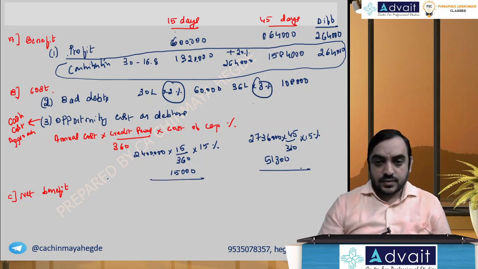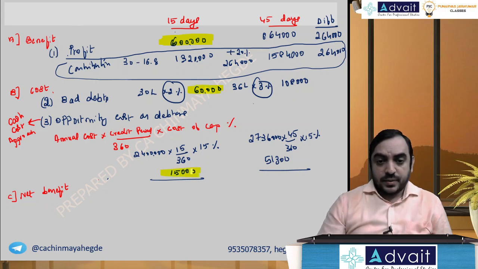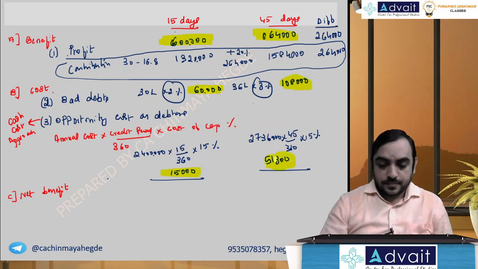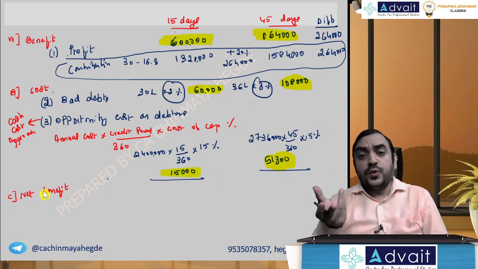So net benefit is profit 6 lakh minus bad debts 60,000 minus 15,000. For the new policy, profit 8 lakh 64,000 minus 1 lakh 8,000 minus 51,300. As I told you, you can also do it with contribution.